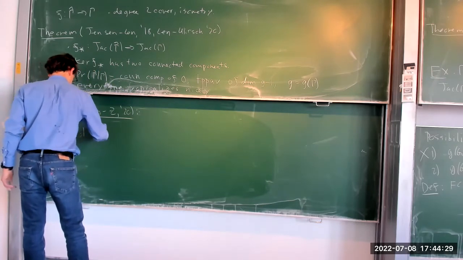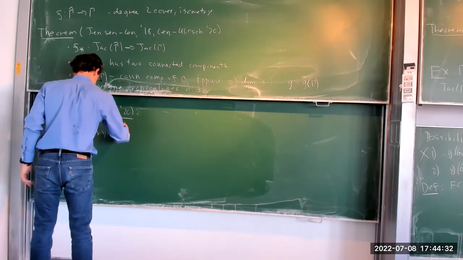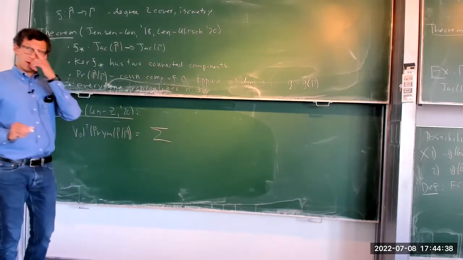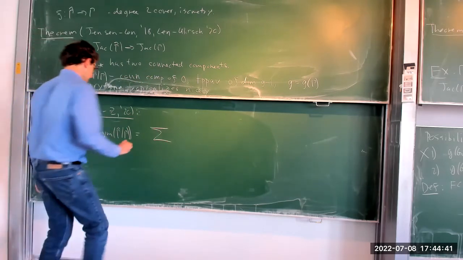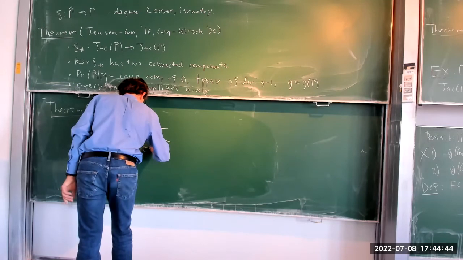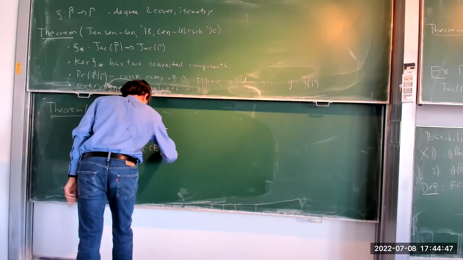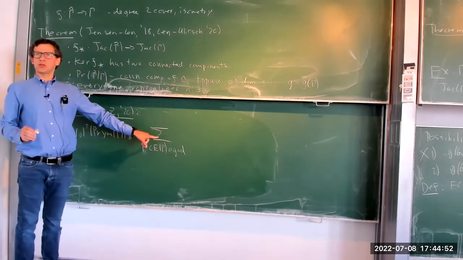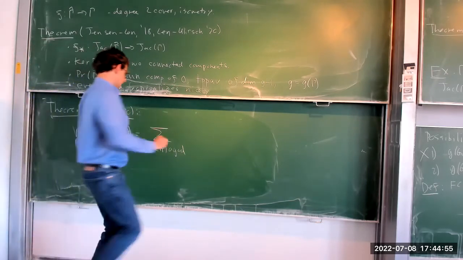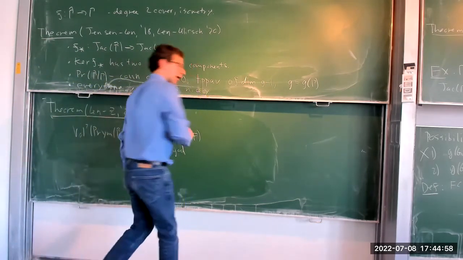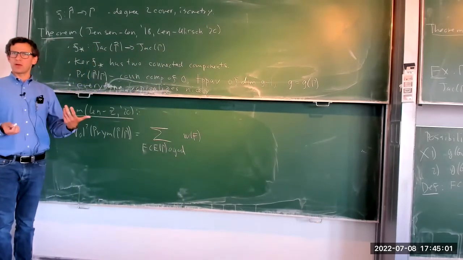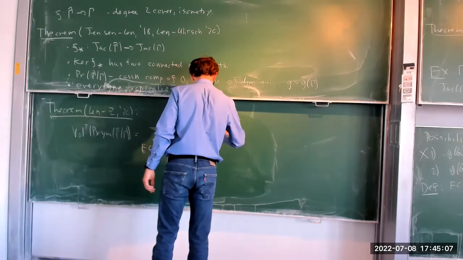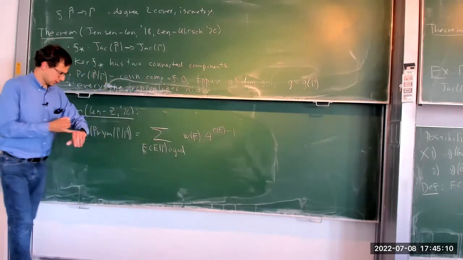The volume squared of the Prym variety of gamma tilde over gamma is the sum over all O-gods F of gamma. For each O-god, you take w of F, which is the product of the edge lengths in F. But now each such term you weigh with a coefficient, which is going to be 4 to the power of the rank of F minus 1.